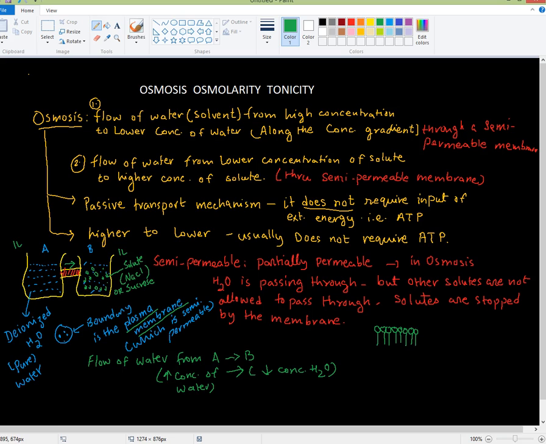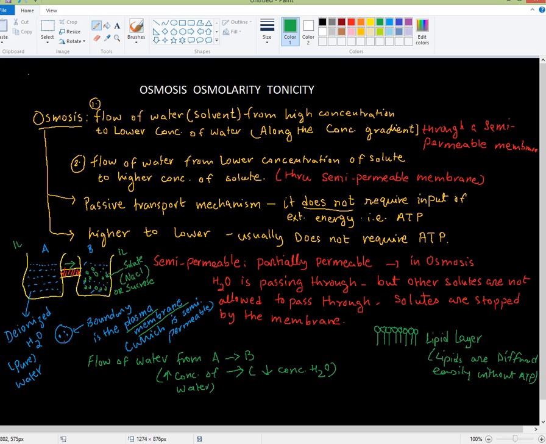Okay, so it's a bilayer, so we know that this is the lipid layer. Lipid molecules are non-polar and are easily diffused through without ATP.